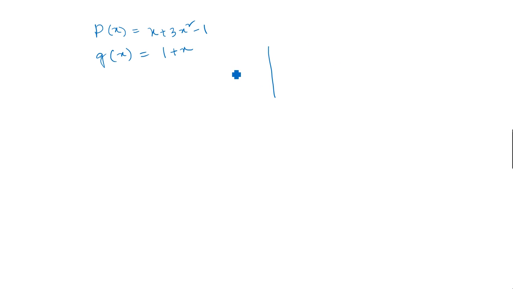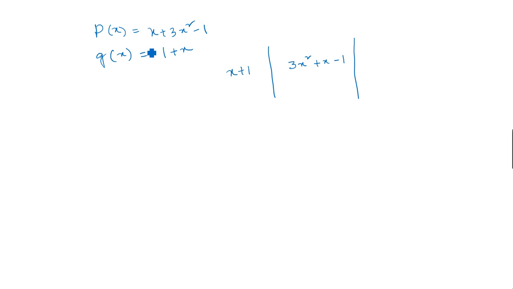We will write x plus 1 here, that is g(x), and we will write 3x square plus x minus 1 here. What have I done?